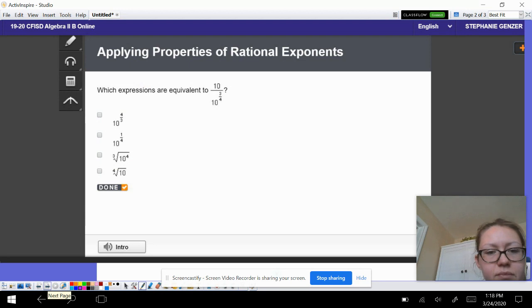Okay, another problem that was embedded in here: which expressions are equivalent to 10 over 10 to the 4th power? Maybe we could rewrite this as 10 to the 4 over 4 power. Isn't that one whole? 10 to the 1st? And if that's the problem, if I look at it as this, 10 to the 3/4, you can just subtract exponents, right?